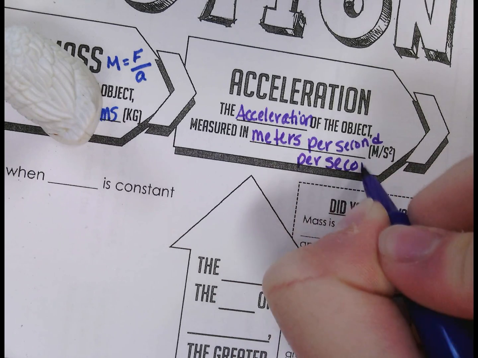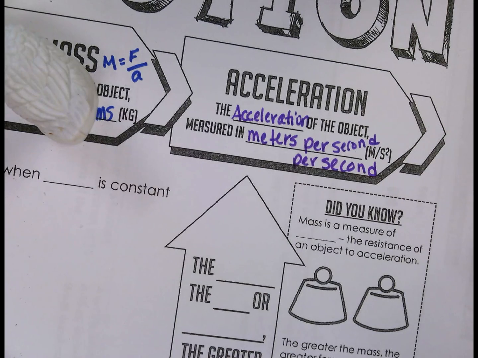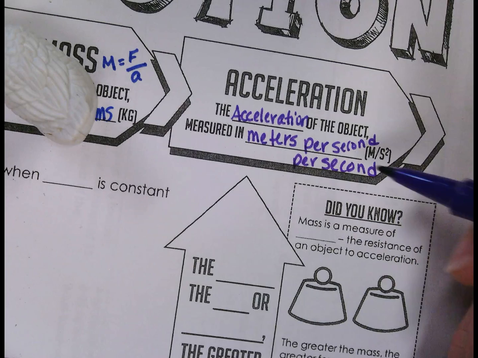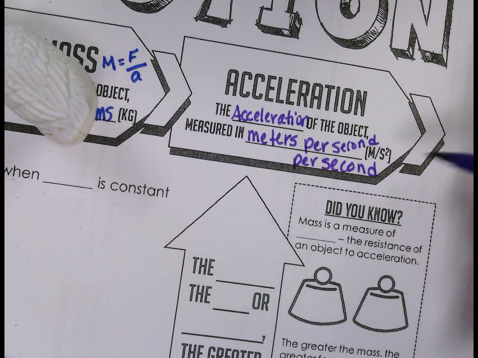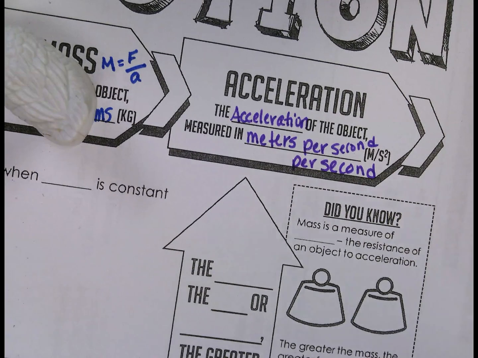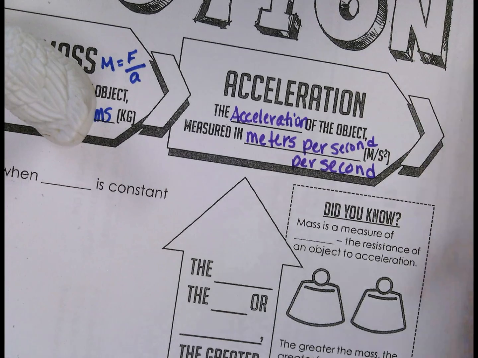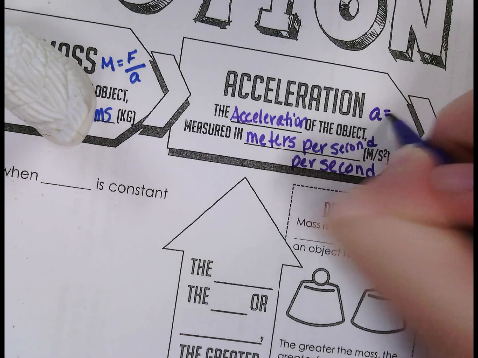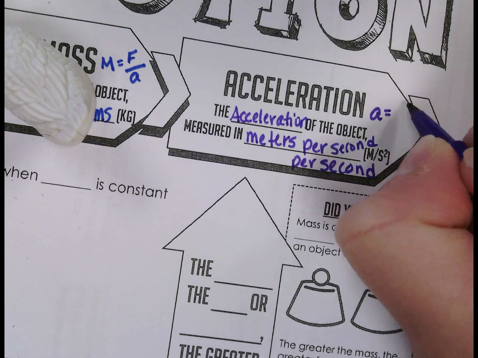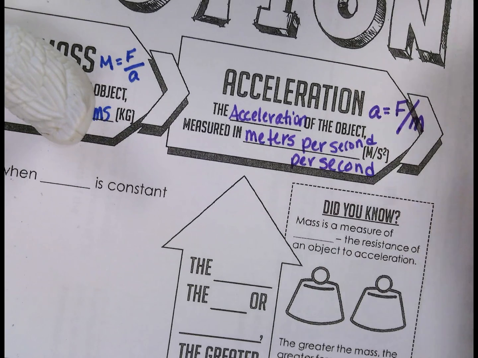That's why it's squared. So instead of writing meters per second per second, you are simply writing meters per second squared. So the acceleration is in meters per second squared. So 50 meters per second squared instead of like miles an hour. And to solve for acceleration, it would be A equals F divided by M, so force divided by mass.